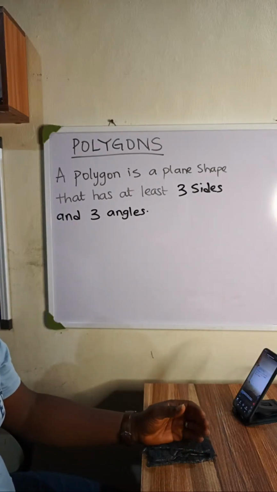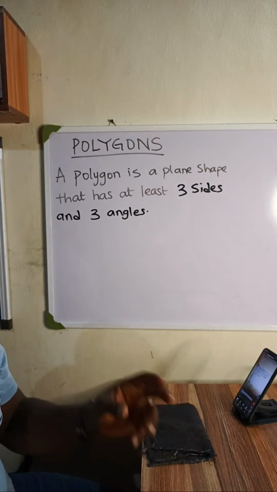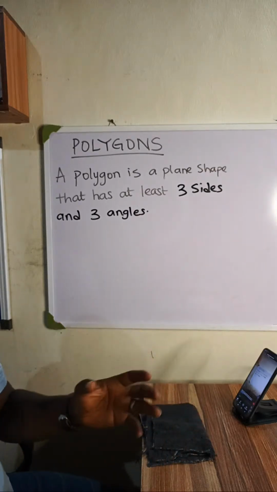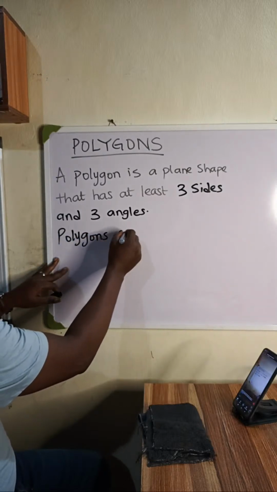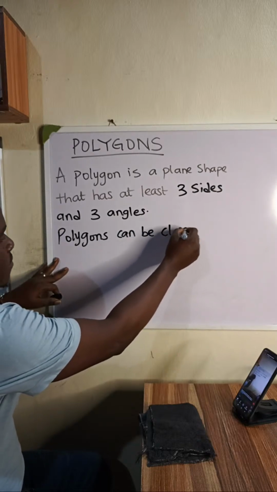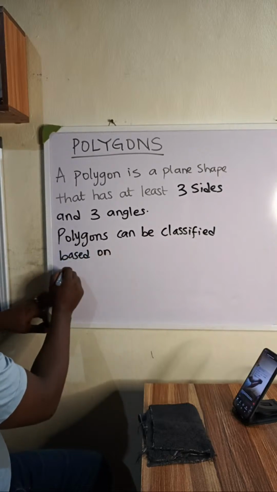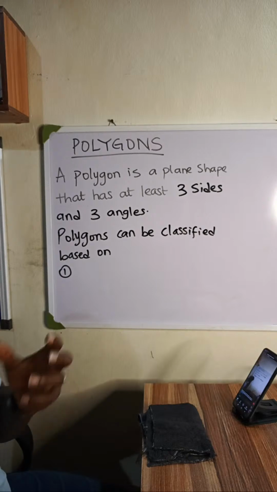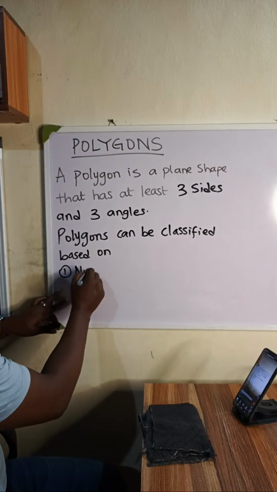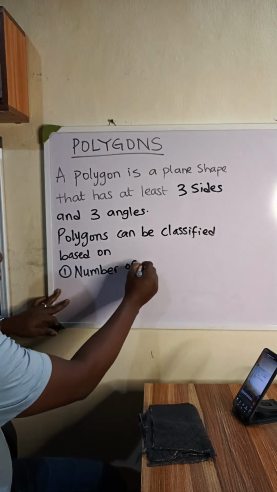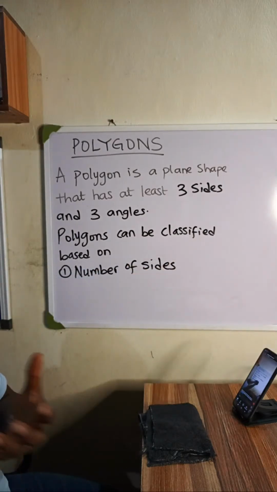Polygons can be classified based on the number of sides and based on the size of the angles and the length of the sides. The first way to classify polygons is based on the number of sides. We're going to look at the different types of polygons based on the number of sides.